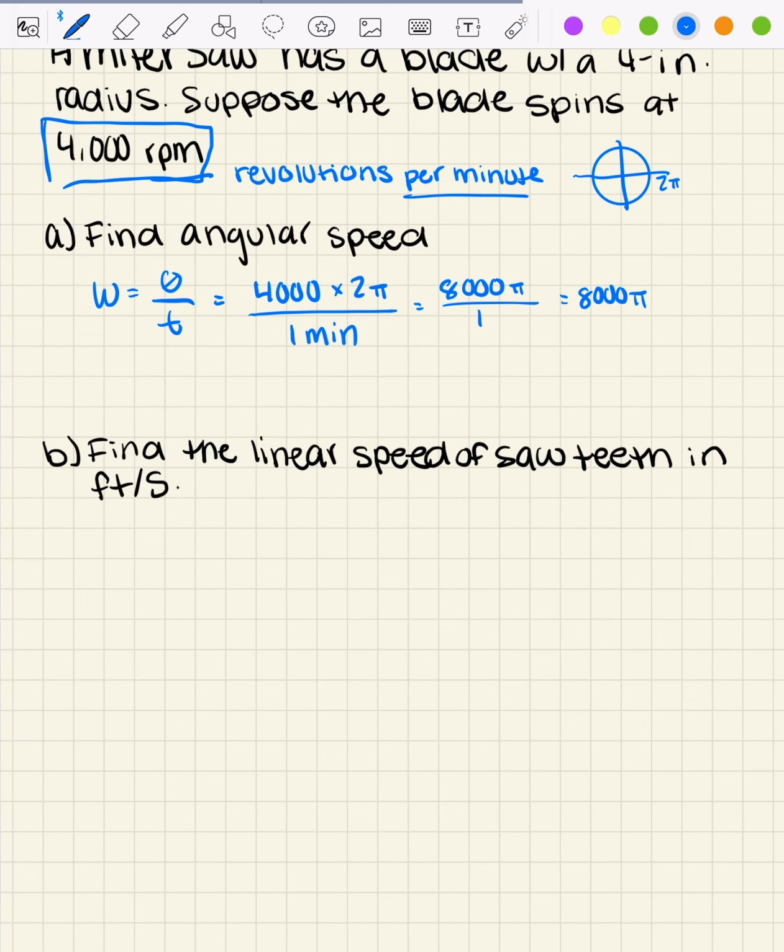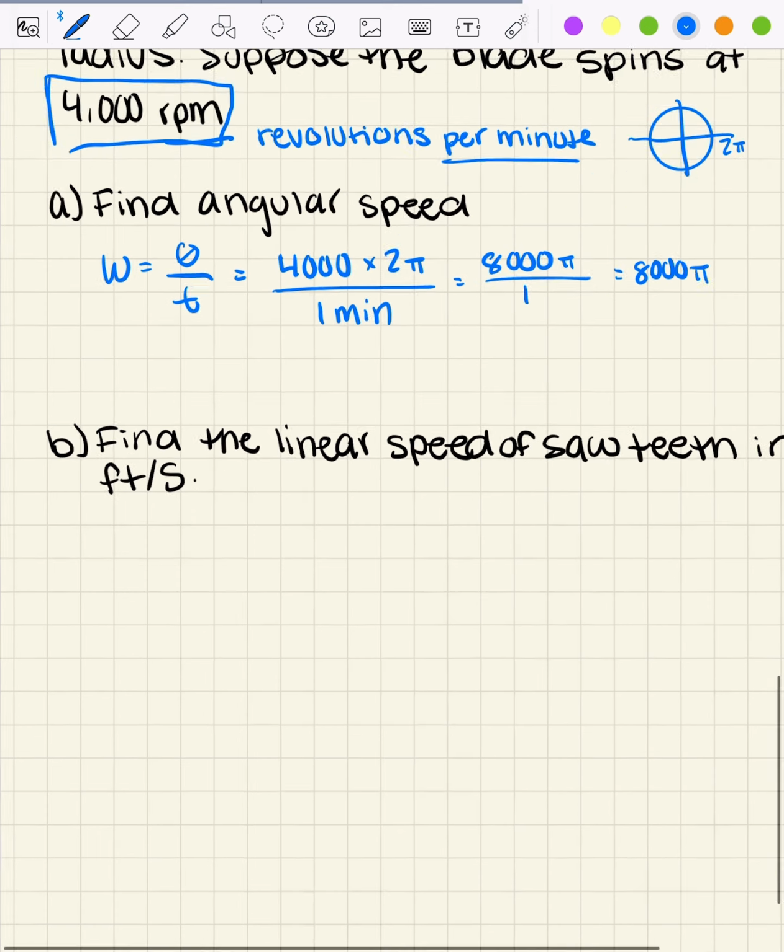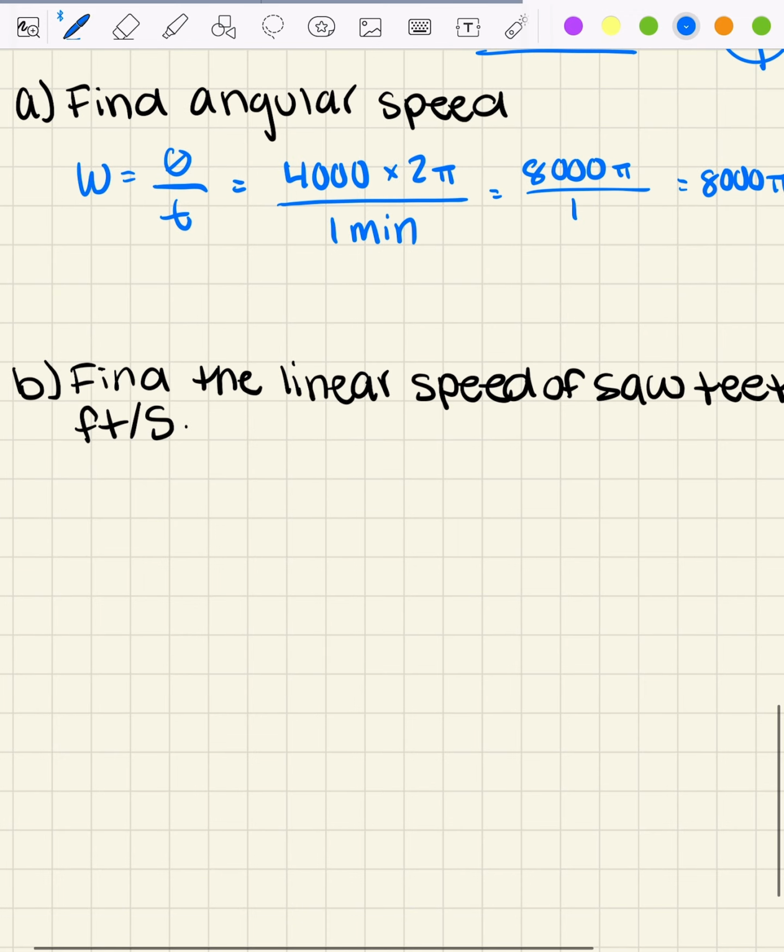Part B asks you to find the linear speed of the saw teeth in feet per second. So linear speed can be written as S over time, T. S, though, can be written as radius times theta.